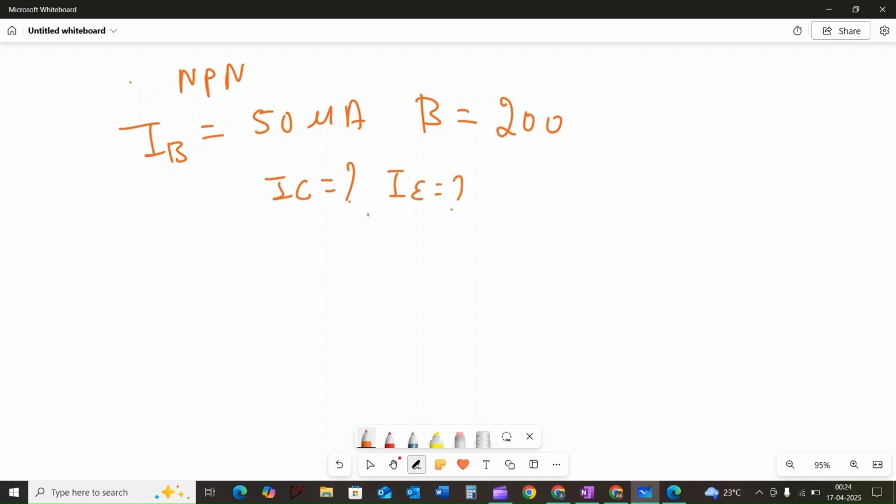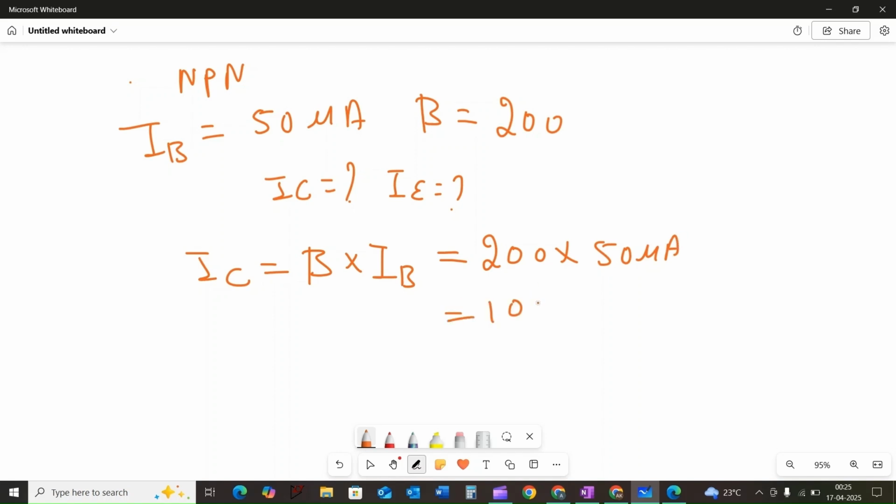By considering the formula, the collector current IC is equal to beta times IB. When we substitute the values, it is 200 times 50 microamps, which is equal to 10 milliamps.